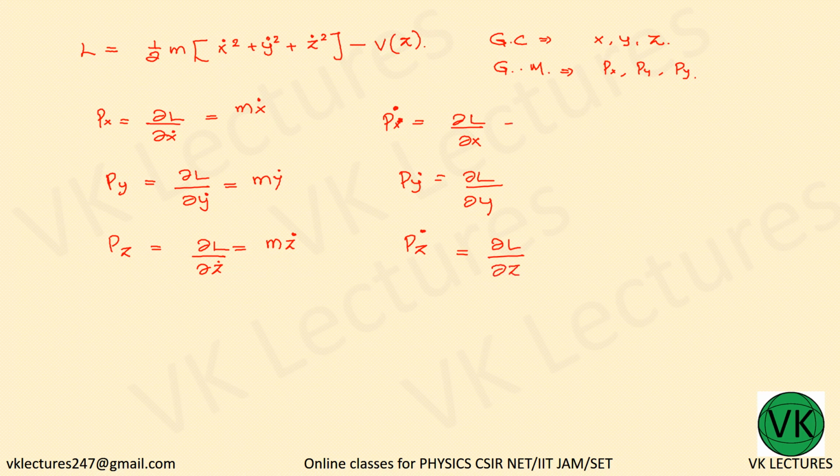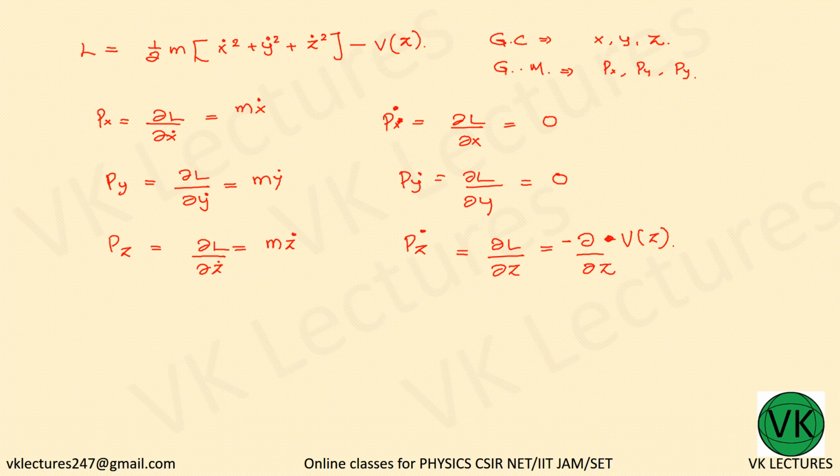Now dou L by dou x, that is with respect to x, is 0, and this is 0, and L has V of z, so we have dou by dou z of V of z, and here we need to include the minus sign, minus V of z. So this is pz dot.